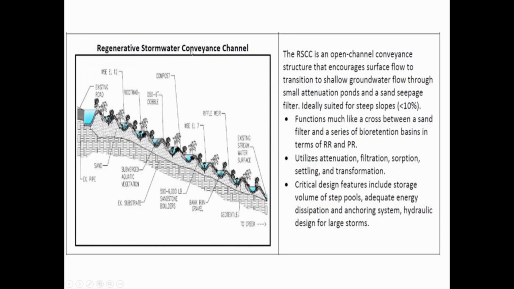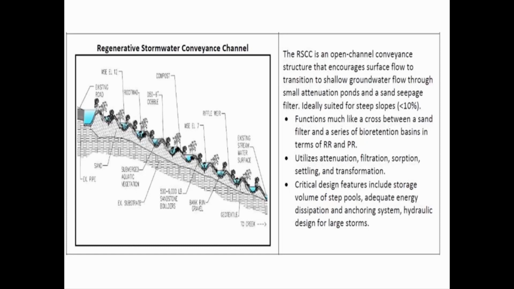Regenerative stormwater conveyance channel. Instead of having a straight line that the water just flows downhill, by having a series of pools, what happens during a storm is if these pools were dry to begin with, the first pool has to fill and overflow to the second pool before any of the water makes it downstream. Our whole objective here is to delay how quickly the water can move from one spot to another.